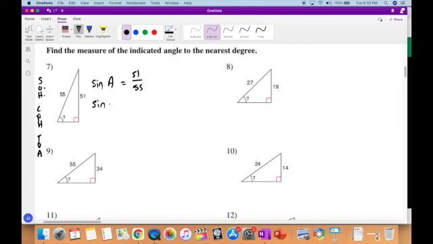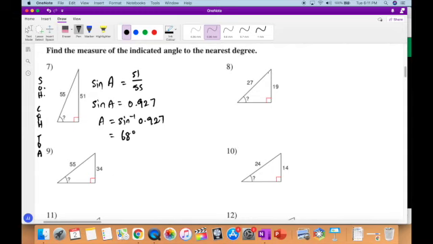The sine is 51 divided by 55, 0.92727 recurring. So therefore A is equal to the sine inverse of 0.927, which is about 68 degrees. Did you guys get 68 degrees for this? Yes, sir.